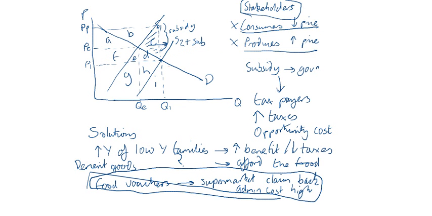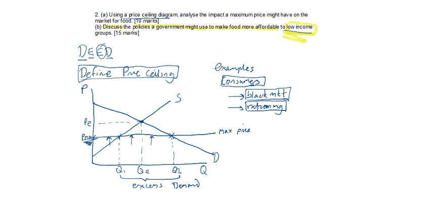Also, in terms of having a price ceiling, let me just flick back to the previous page, those people we aim to actually help might not actually benefit from it because we've now got this excess demand here. So overall, maybe a combination of these might help. However, maybe food vouchers might be the best way to go.